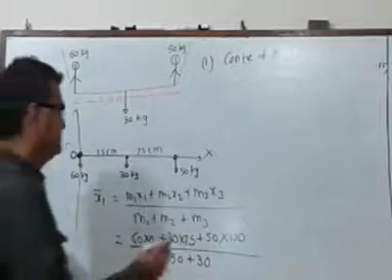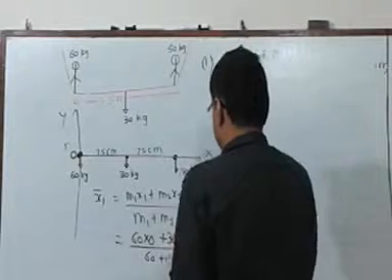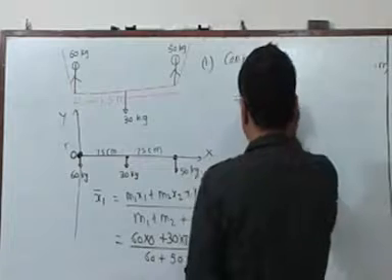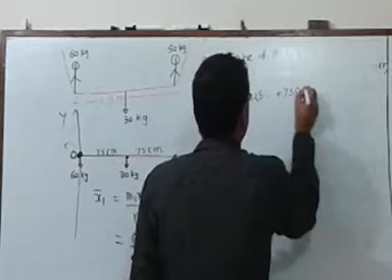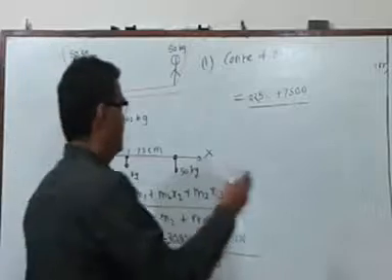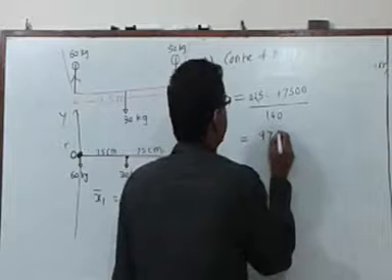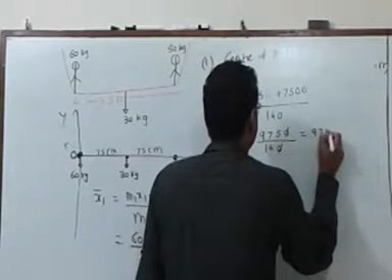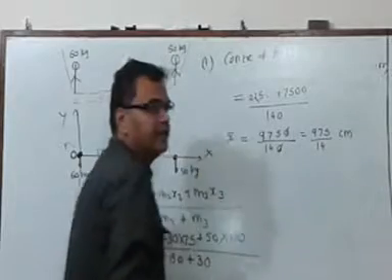Let us see what we get here. What we get here is 30 into 75, that is 2250, plus 50 into 150, that is 7500, divided by 60 plus 50 plus 30, that is 140, and that gives me 9750 upon 140, that is 975 upon 14 centimeters, which is the original position of center of mass.